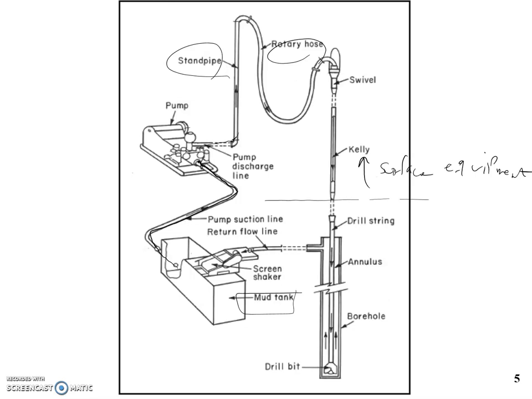Then it goes into the drill string, passes through the drill string or drill pipe, and then goes all the way to the drilling bit, removes the cuttings, and travels up through the annulus.